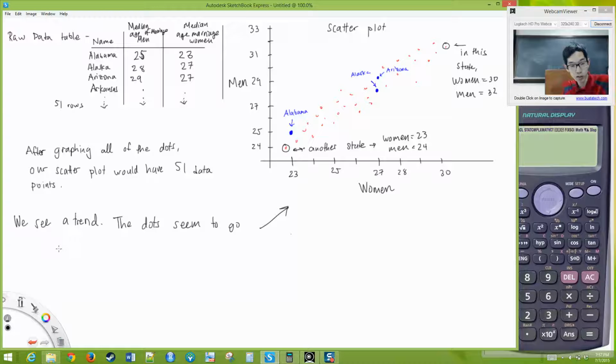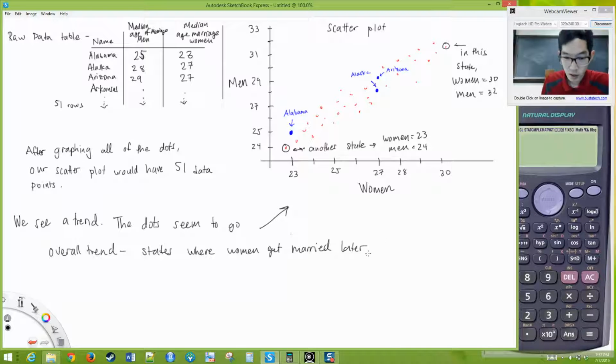Okay, so the overall trend is that states where women get married later generally show men getting married later also.